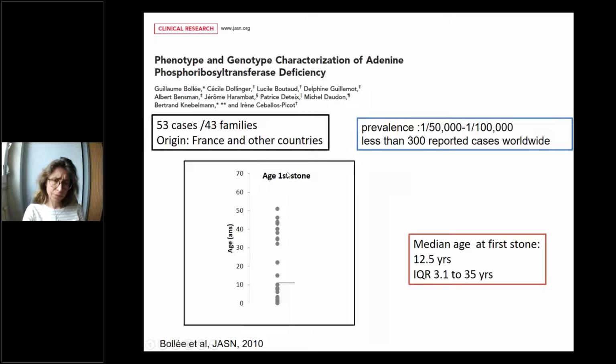This is a series published 10 years ago, which included in France 53 cases in 43 families. And the first information is that the median age at first stone is 12 years of age, but with a very large distribution from neonates to patients more than 50 years of age.